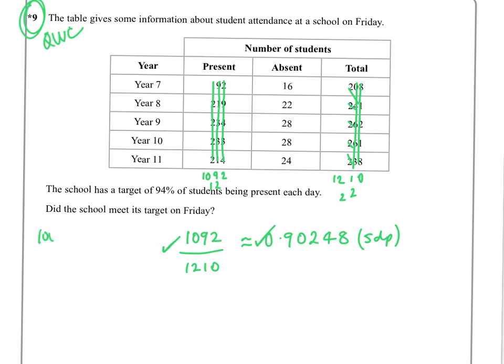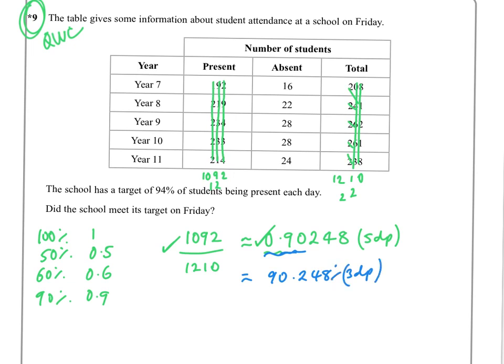If 100% is 1, then 50% will be 0.5. So 60%, 0.6, and 90% would be 0.9. So you can see 0.9 here. So you just follow this through, and then you've got 90.248 to now 3 decimal places, and that will be a percentage.